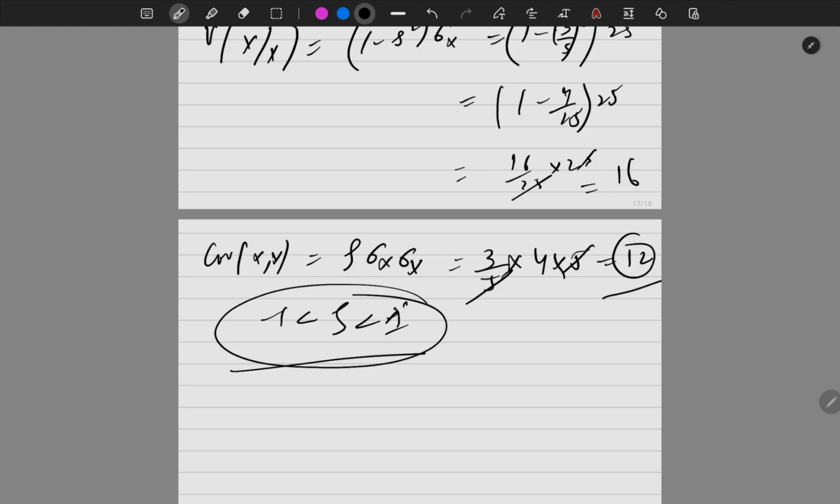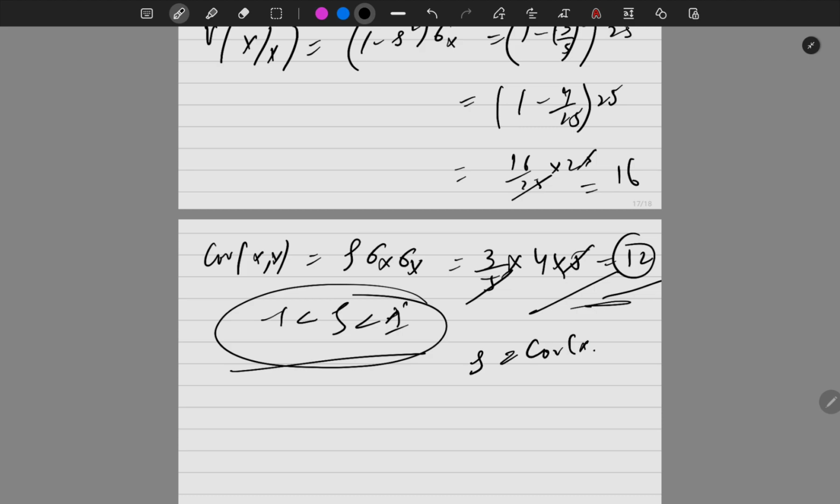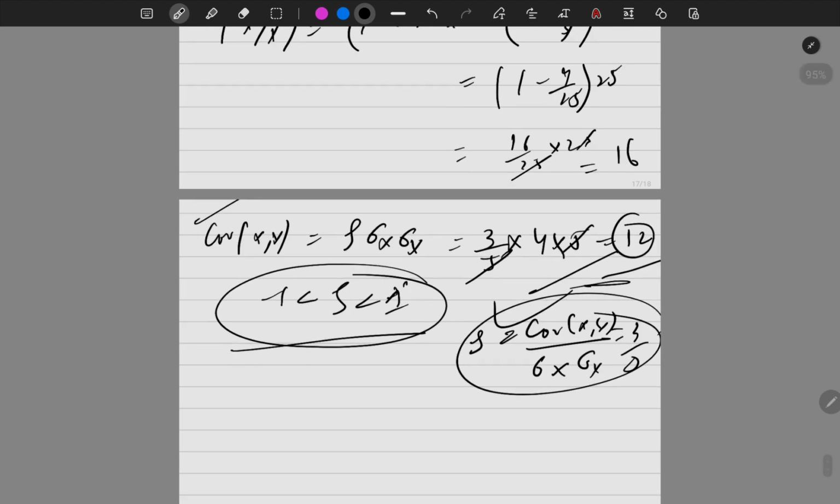Sigma x into sigma y is 4 into 5, that is 20. Yes, the covariance is correct, as when we put covariance of x comma y over sigma x sigma y, we will get 3 by 5.